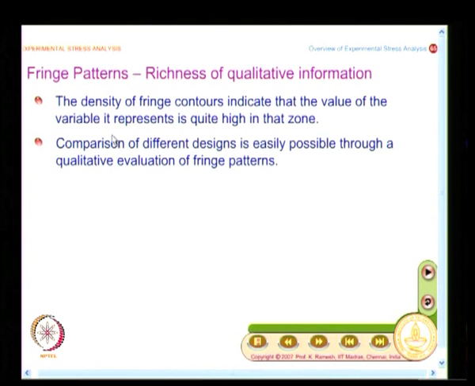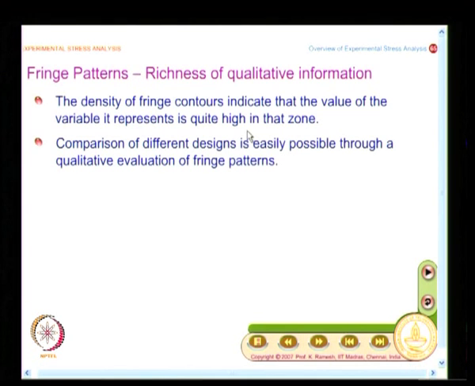I have said that the density of fringe contours indicates that the value of the variable it represents is quite high in that zone. Suppose I want to compare two different designs, the ideal way is to take the fringe pattern for both the cases and compare them, and find out based on qualitative appreciation how you can evaluate the different designs.